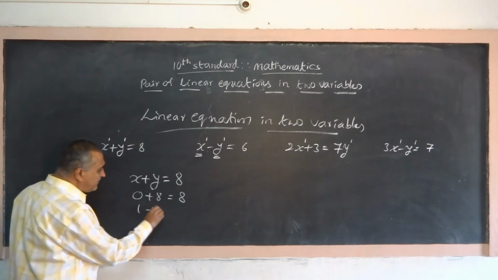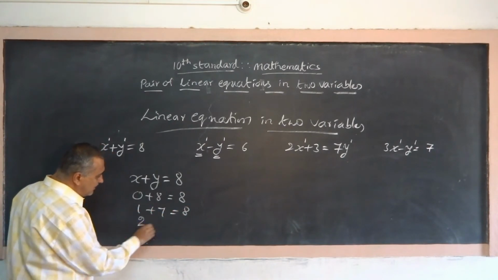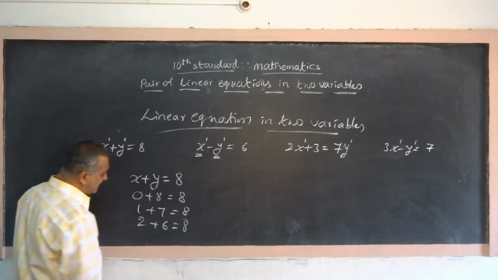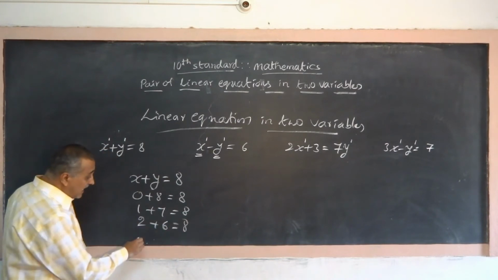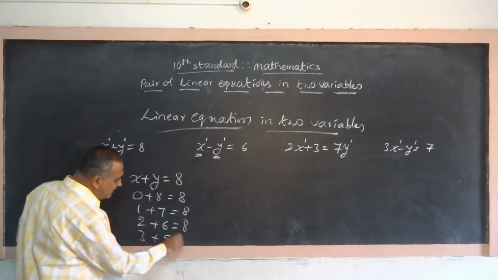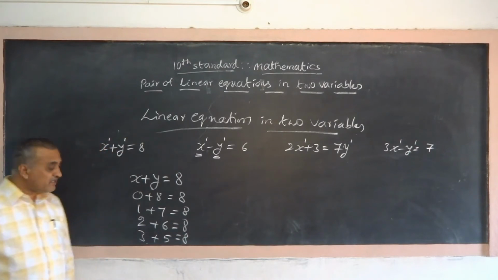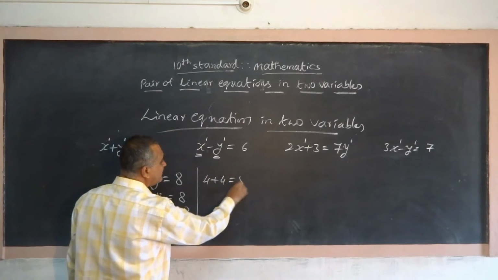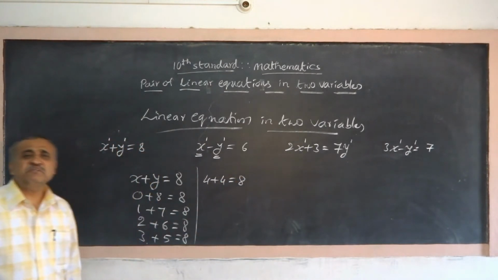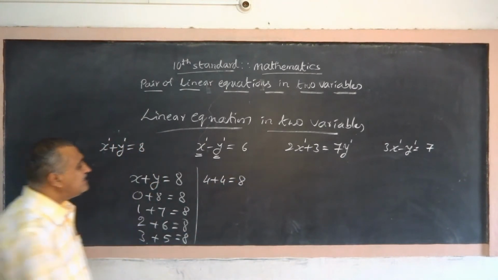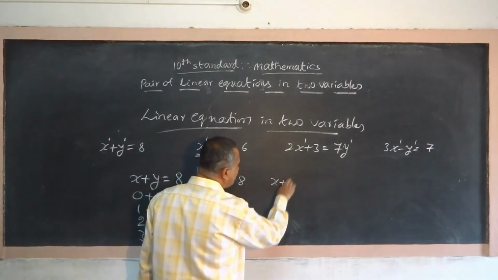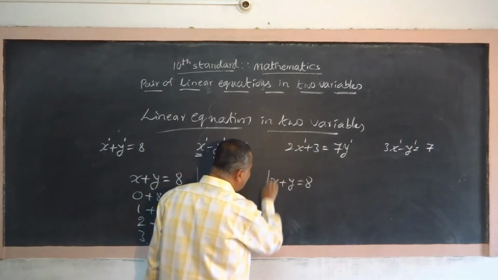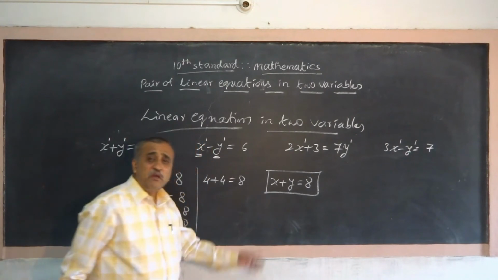Next, 1 plus 7 equals 8. 2 plus 6 equals 8. 3 plus 5 equals 8. Next, 4 plus 4 equals 8. Many solutions.